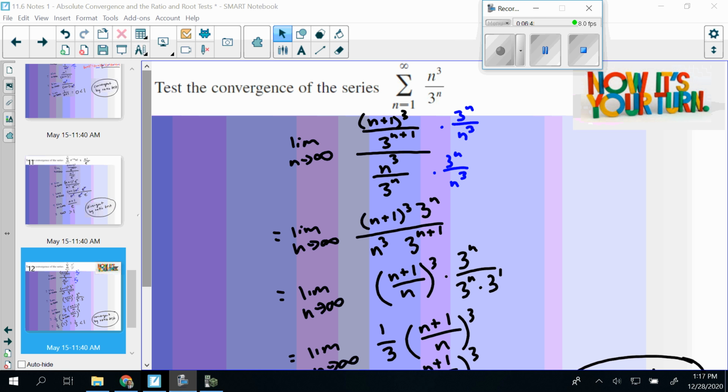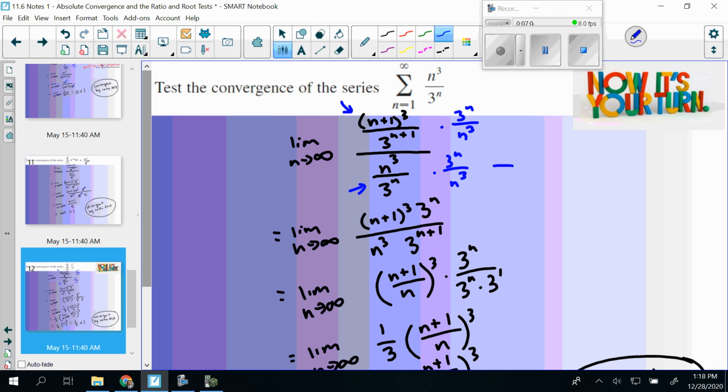All right, hopefully you've had a chance to try this one. This is one you could probably also do with the root test because there is no factorial, but I did it with ratio test just to show you that this would work as well. So we want to put the n plus 1 series over our actual series here.